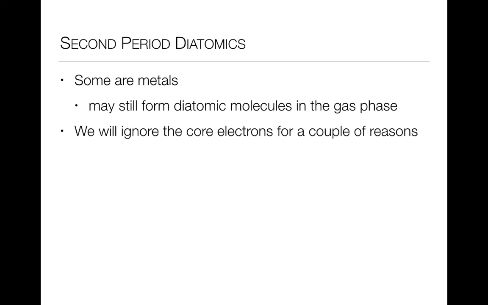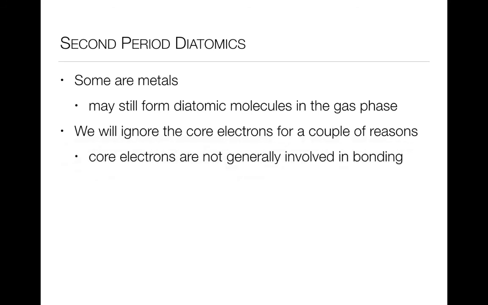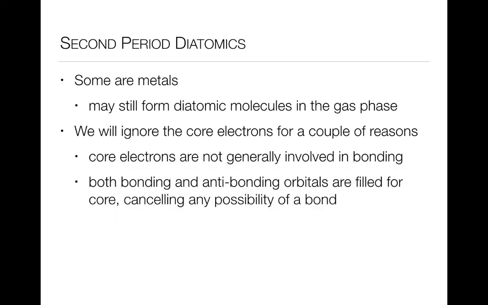There are a couple of reasons that we do this. One of the main reasons is core electrons are generally not involved in bonding, so we don't really need to look at them in our bonding diagram. But even if we did include those core electrons, we would see that they completely fill both the bonding and the anti-bonding molecular orbitals, and those cancel out any bonding contribution that those electrons have.